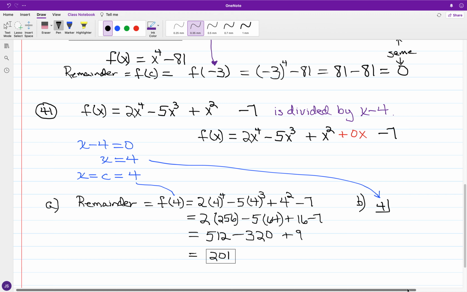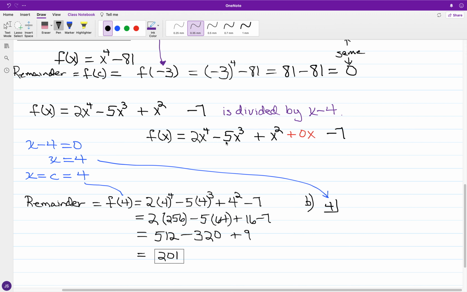Taking the coefficients of the dividend, just fully rewriting this polynomial where all the terms in the degree of x as well as the constant are on display, and placing the coefficients in the synthetic division setup. So we have 2, negative 5, then 1, then 0, and finally negative 7.